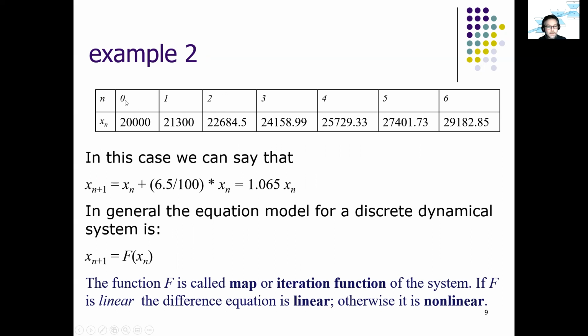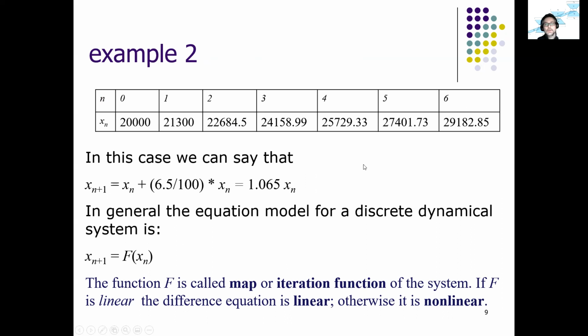N0 is the initial state, the initial amount of money, 20K we said, and at each year, these are the iterations from 1 to 6, I have on this table how the amount of money changes. Each value represents a point of this sequence which is produced as time goes by. The whole process is represented by this equation you can see on the slide.